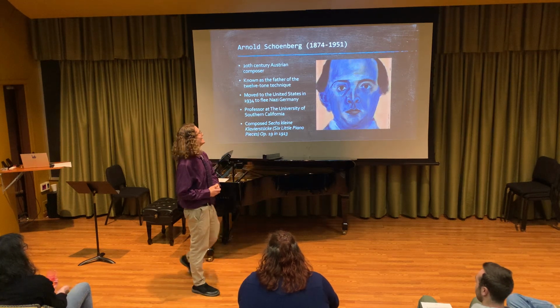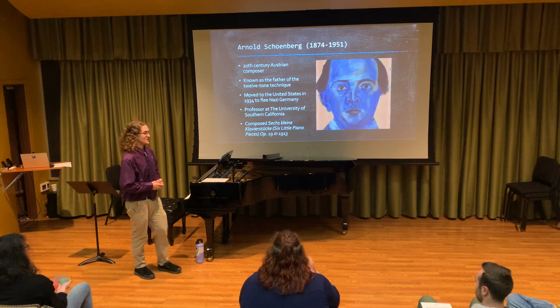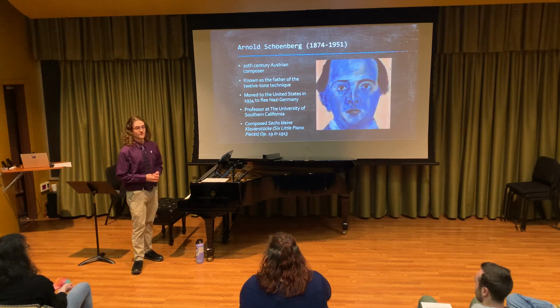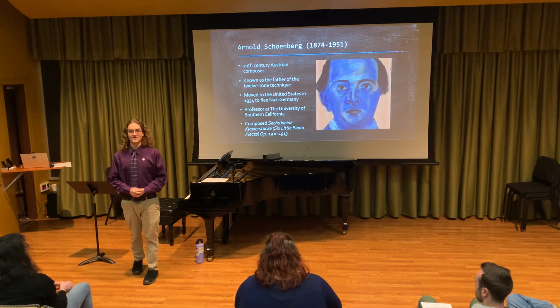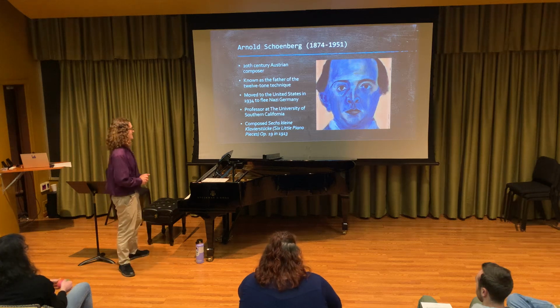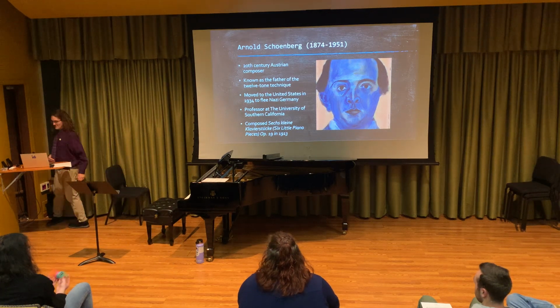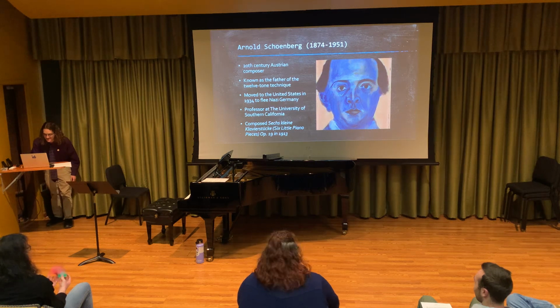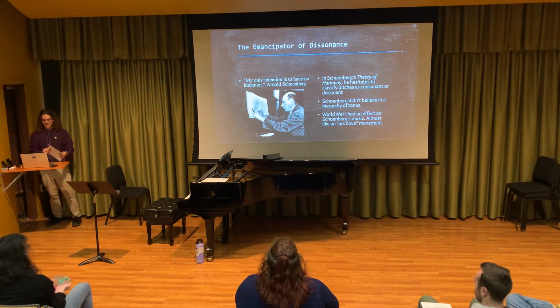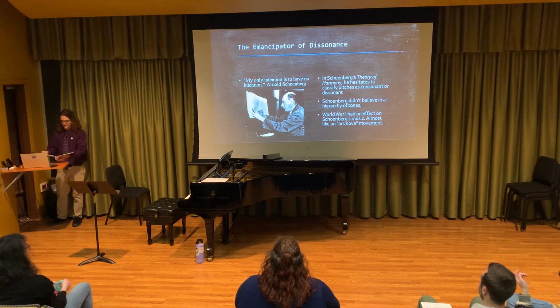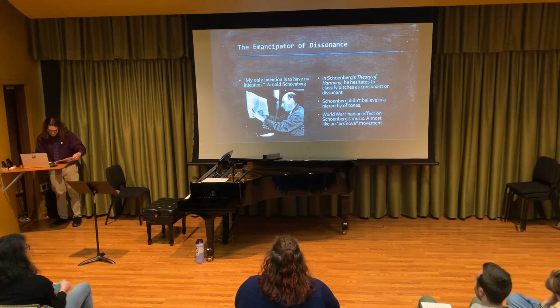He was just laying in bed, so sick and fearful, and he just died. It's a pretty tragic way to go. So if you're afraid of a number, sorry. The emancipator of dissonance. That's what he is.